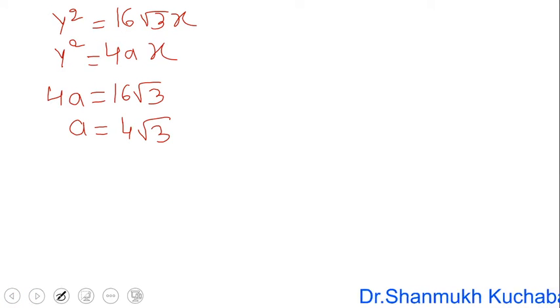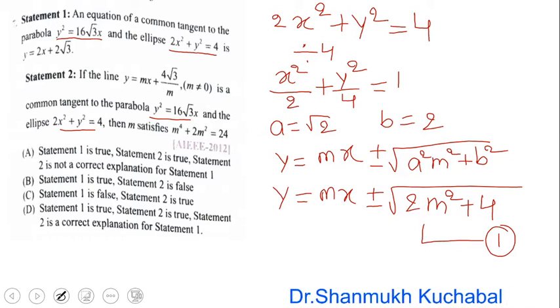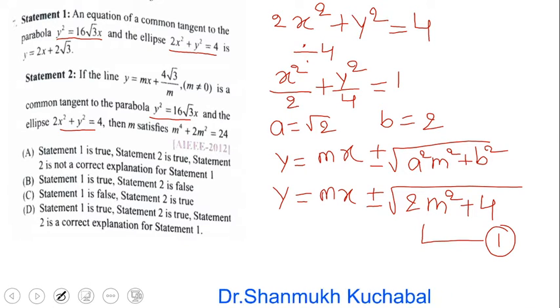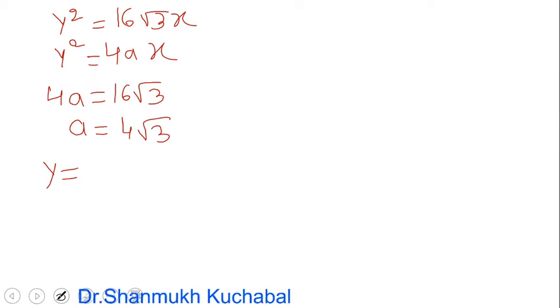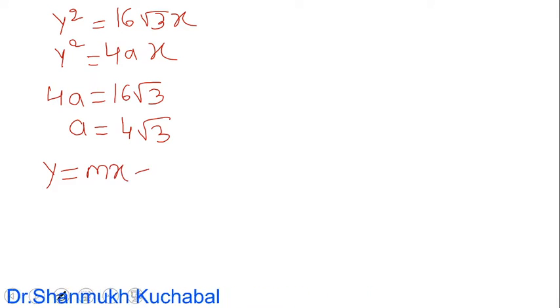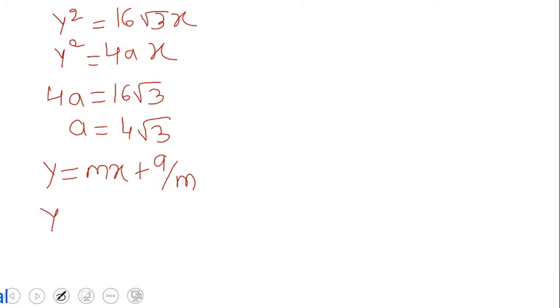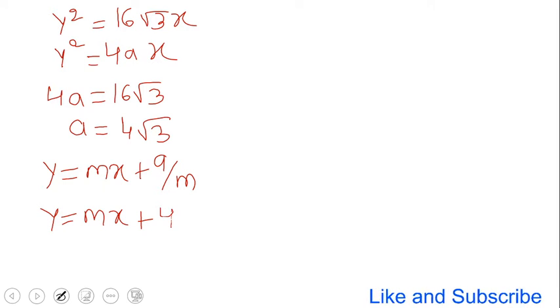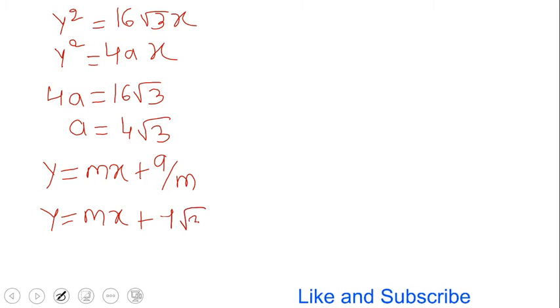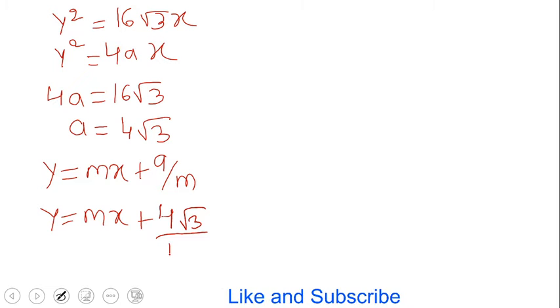Then they have given the equation of a tangent: y equal to mx plus a by m. Here we'll substitute the value of a. So we get y equal to mx plus 4 root 3 divided by m as it is.